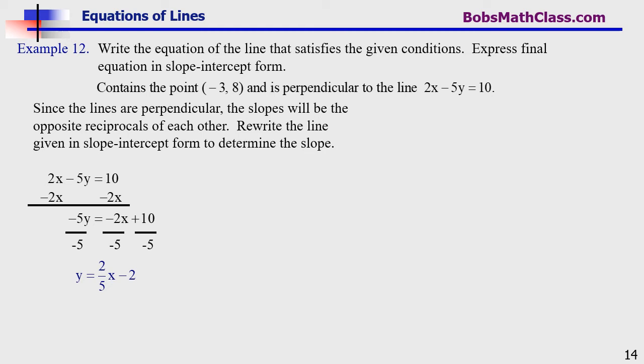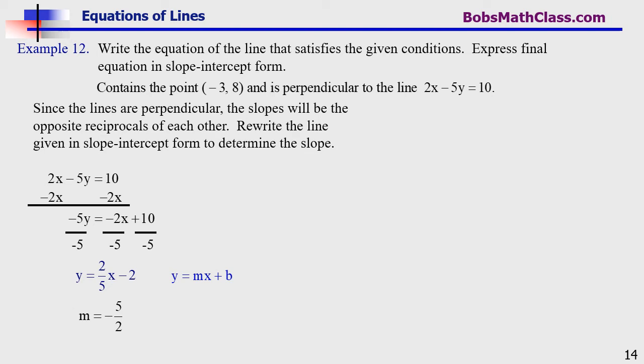So since it says perpendicular, we're not going to use 2/5. We're going to use the opposite reciprocal of 2/5. That's right. We're going to use negative 5/2. Opposite, change the sign, and then flip it.